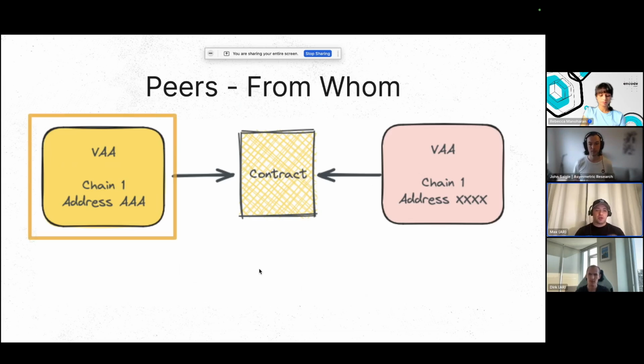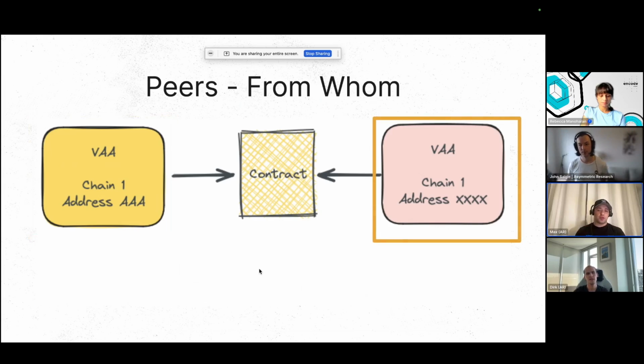So we want to make sure that this comes from a known and trusted location. In this case, we have chain 1 and address AAA, and this is our peer from chain 1 that we care about. And we don't want an arbitrary address from chain 1, such as address X, to be able to set that. And again, this is application specific, but with the cross-chain oracle, we really only want a particular address to be able to set this.